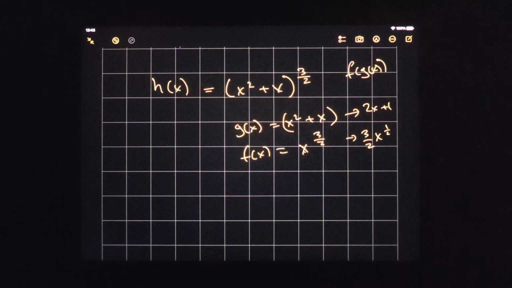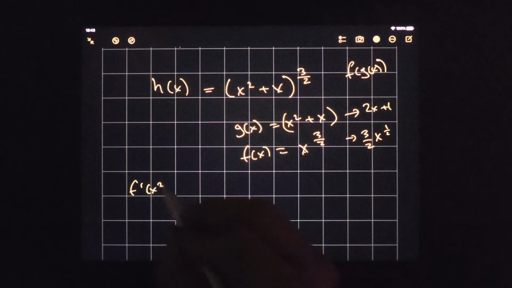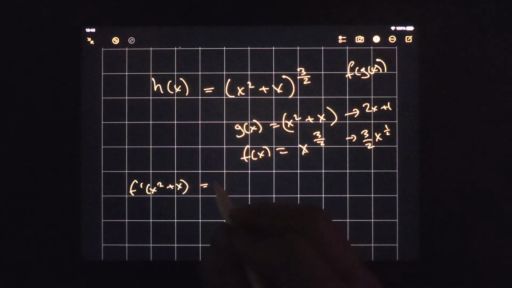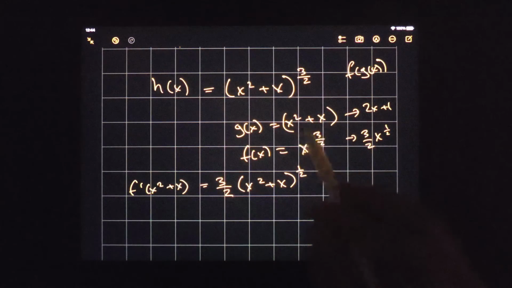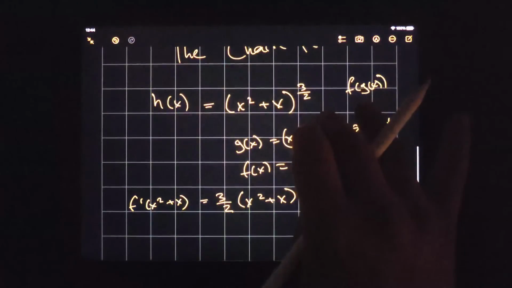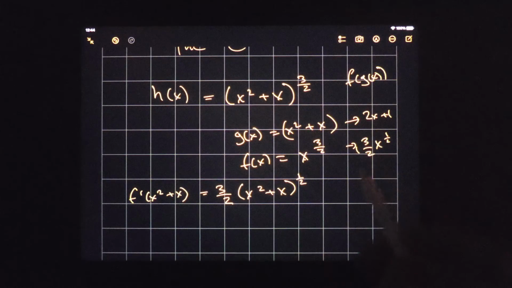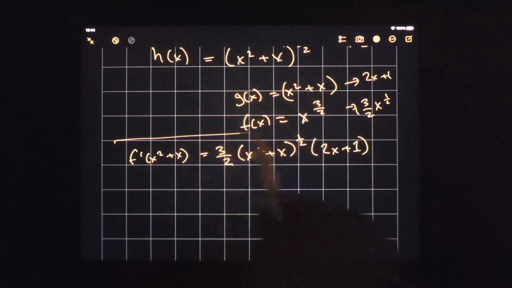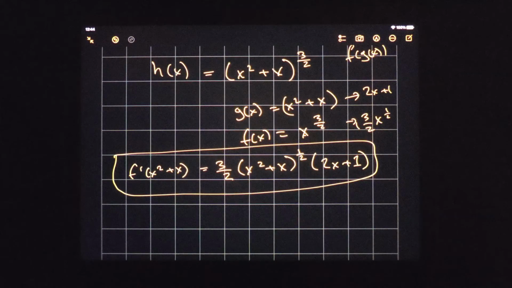So now we can plug in our f prime of x, well, x squared plus x is equal to... derivative of that saves a lot of time just by looking at it.